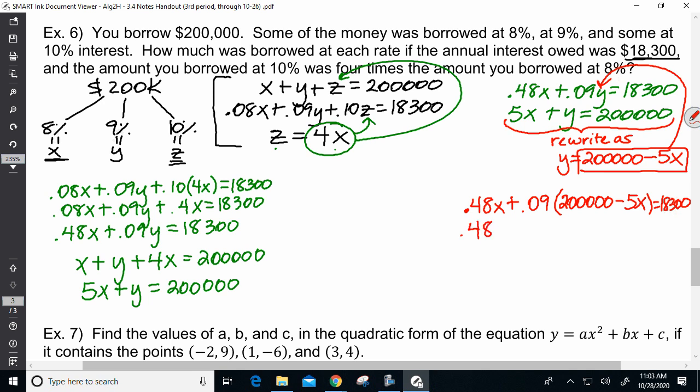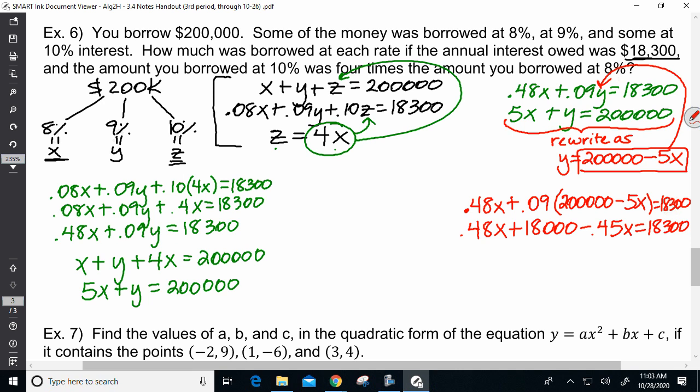Time to do some work. 0.48x, 0.09 times 200,000 is 18,000, minus 0.09 times 5, 0.45x, equals 18,300.